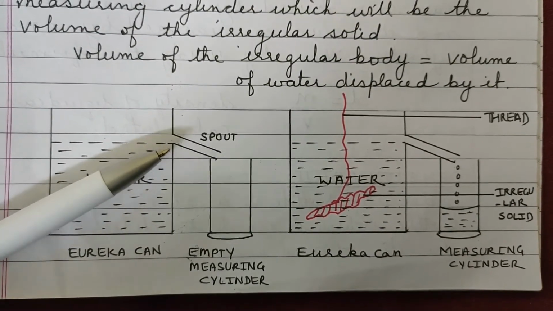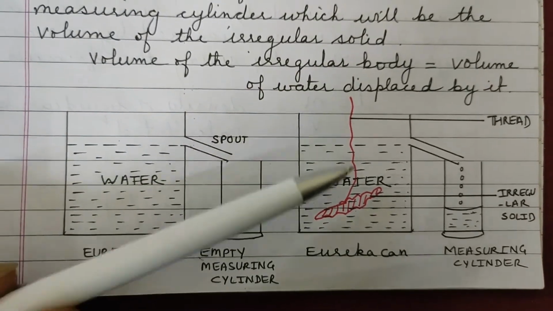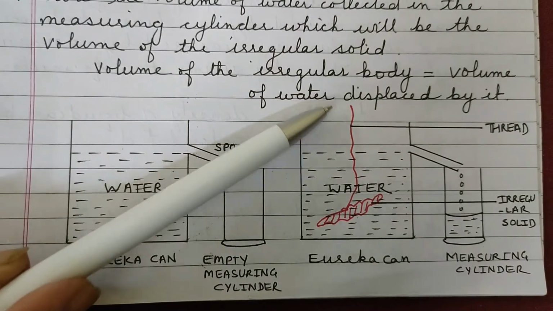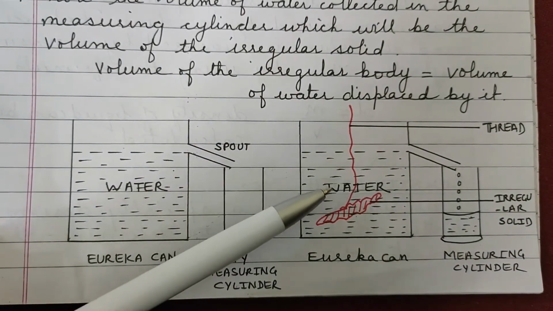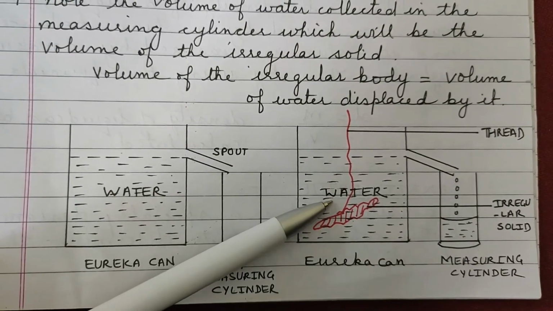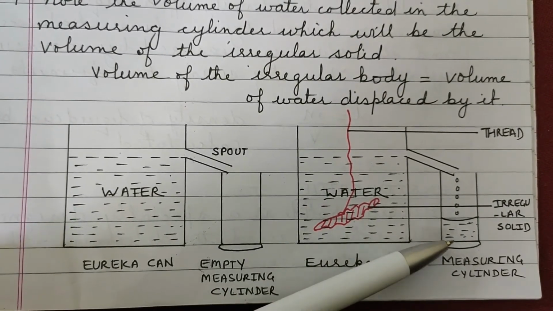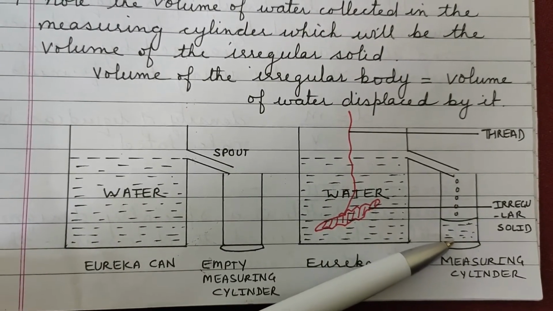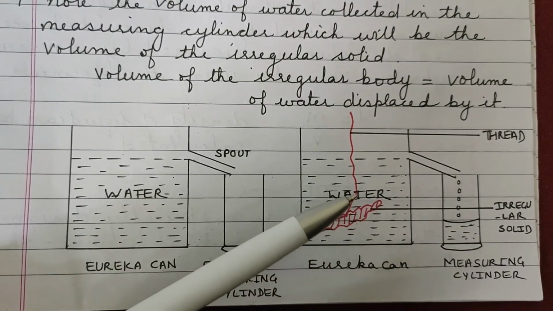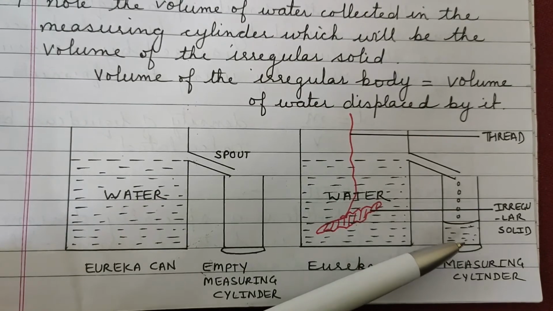Now I'll take the irregular solid, tie it with a thread and immerse this solid in the Eureka can containing water. But before I place the irregular solid, I have to place a measuring cylinder below the Eureka can, so that whatever water overflows goes into the measuring cylinder.